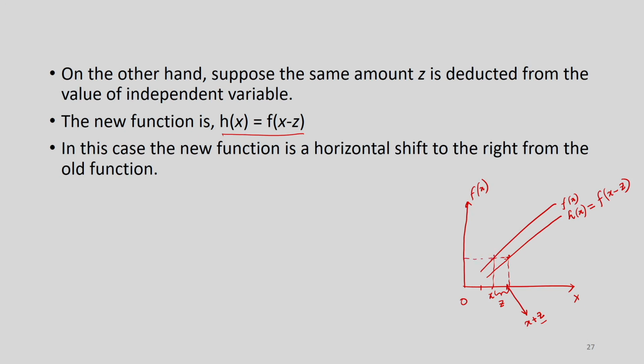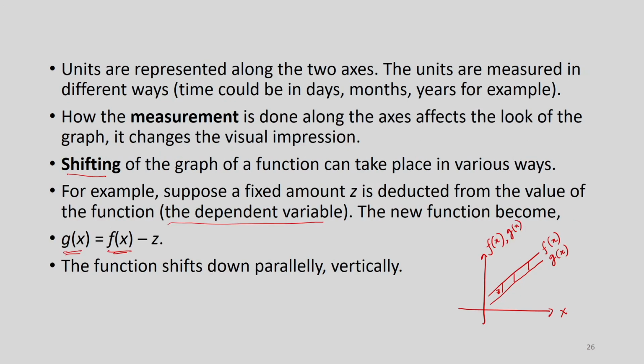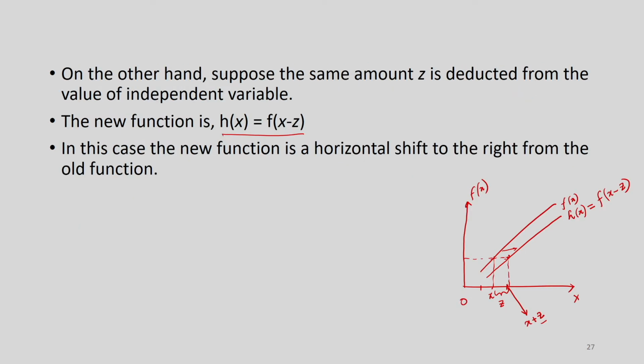So, here also the function is shifting, but it is shifting parallelly, horizontally, and the amount of shift, horizontal shift, is given by z. Contrast this with the previous one, where the shift was vertical and the amount was z. Here the horizontal shift is z. So, in either case the shift is taking place, but the nature of shift is different.